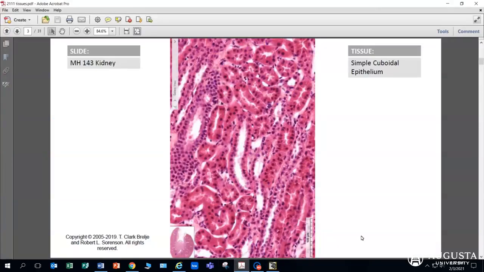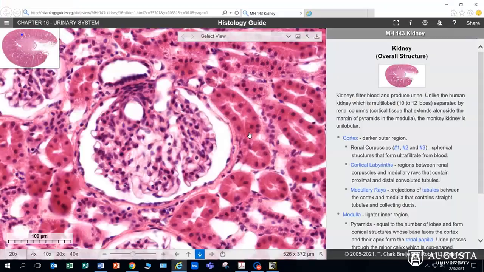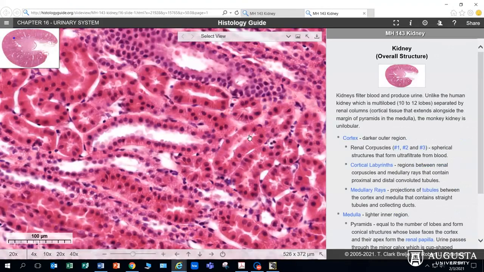If we go back to our histology guide website, we're going to look at simple cuboidal epithelium. So here is the histology guide website, and I would encourage you to experiment with this and look at all the different levels of magnification. But here we're going to focus on the 40x, and we have these beautiful layers where it's one cell in thickness in this tube.